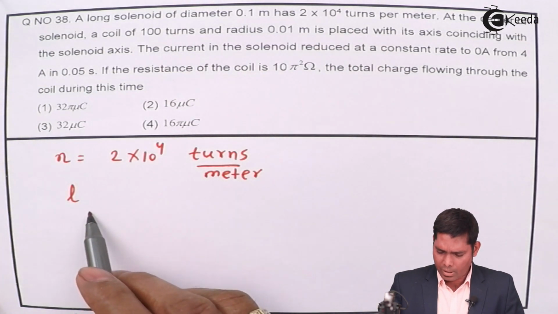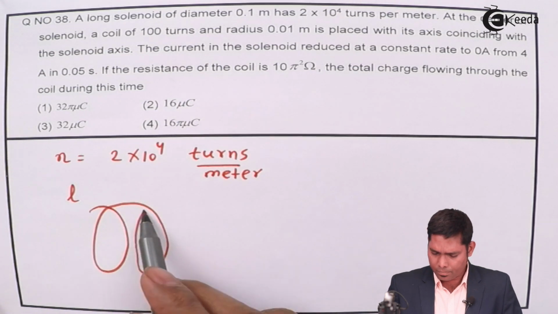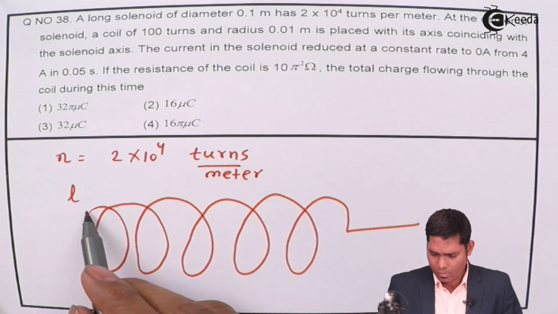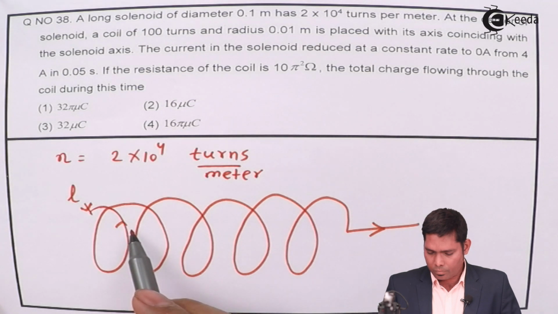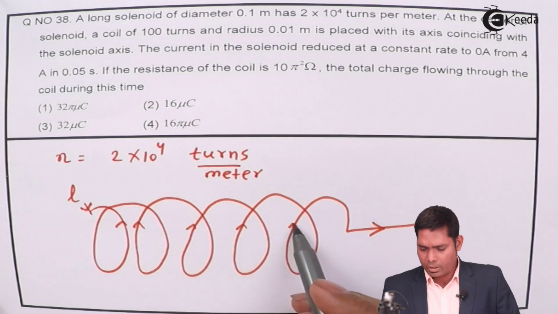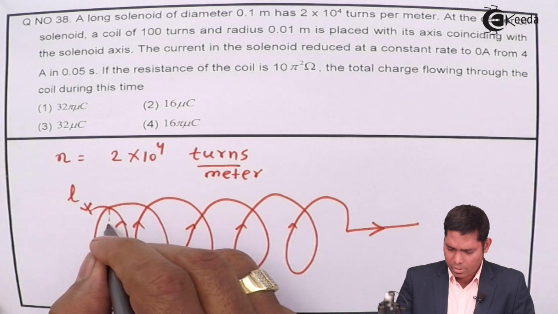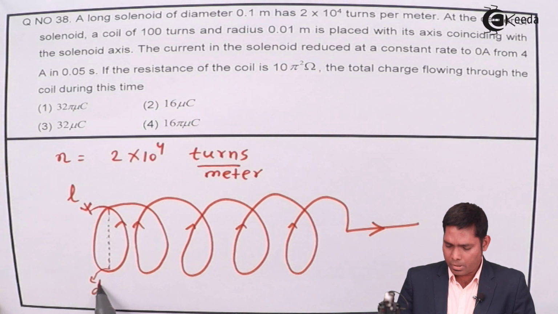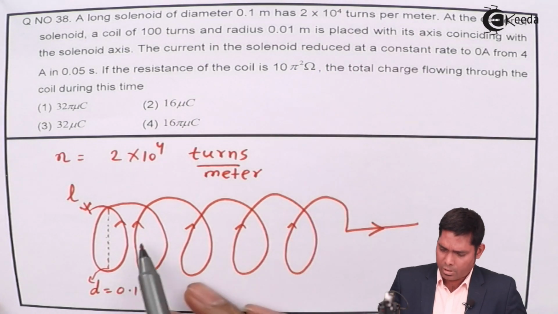So the situation is like this, that we have a solenoid whose diameter is 0.1 meter, and the number of turns is given as this.